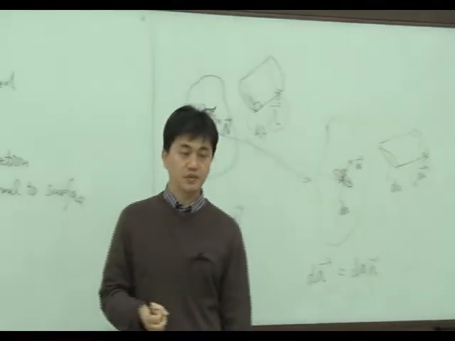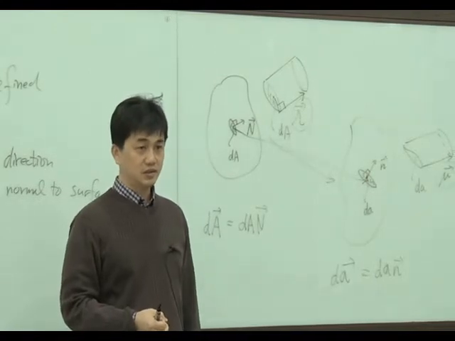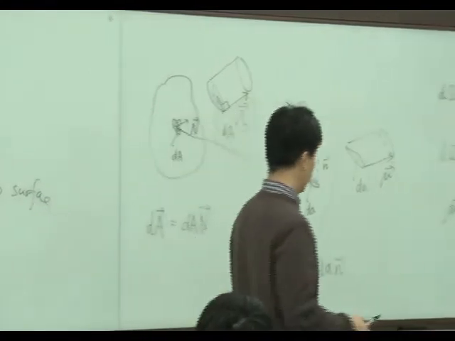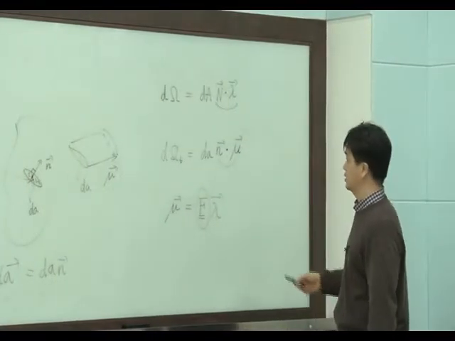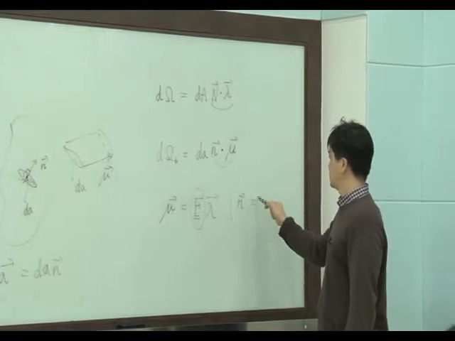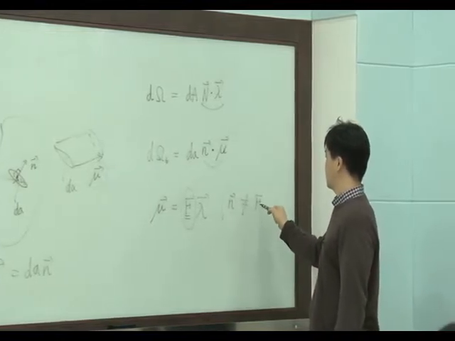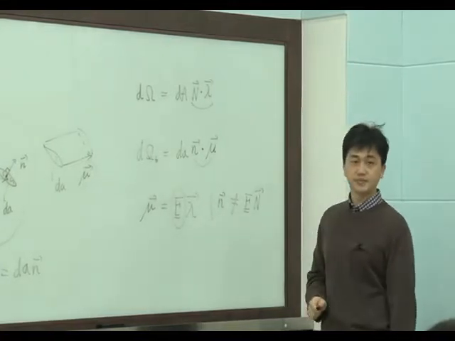This is from the definition of the deformation gradient, right? Understand? Here, a very important thing we need to understand is that n is not the same as F n, right?